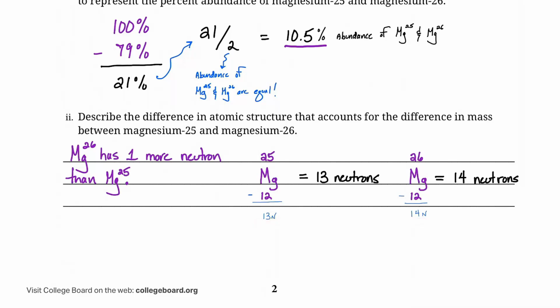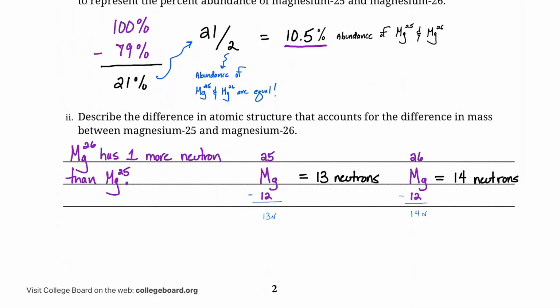If you didn't quite know that, they weren't asking for the exact number of neutrons, I'm just going over it a little more than I have to. But you should recognize that magnesium-26 has one more neutron than magnesium-25. The basics here are that neutrons and protons represent all of the mass of an atom. The electrons have an insignificant amount of mass. They're 2,000 times lighter.